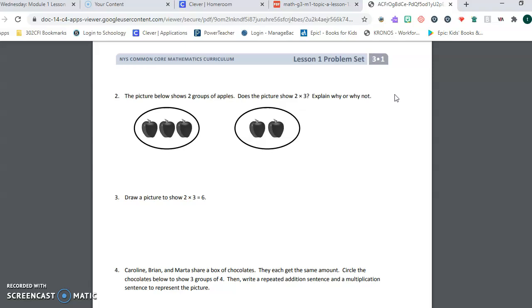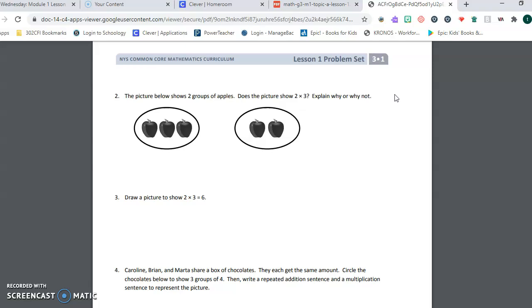Sometimes words can get a little bit much, and these people who write these workbooks and worksheets, they don't really think about what a 7 or 8 or 9-year-old's handwriting looks like. They hardly ever give you enough space to fully explain yourself.